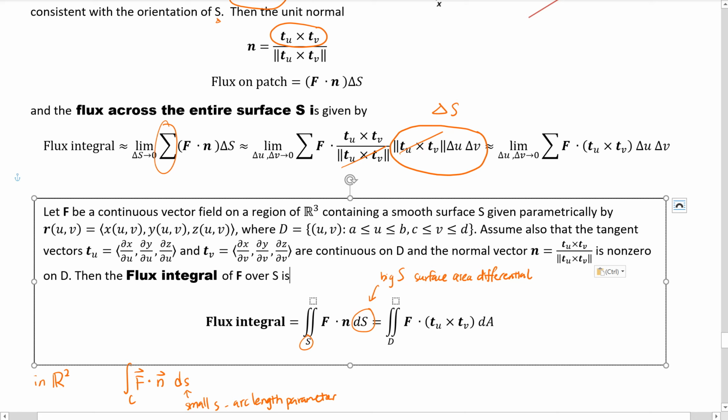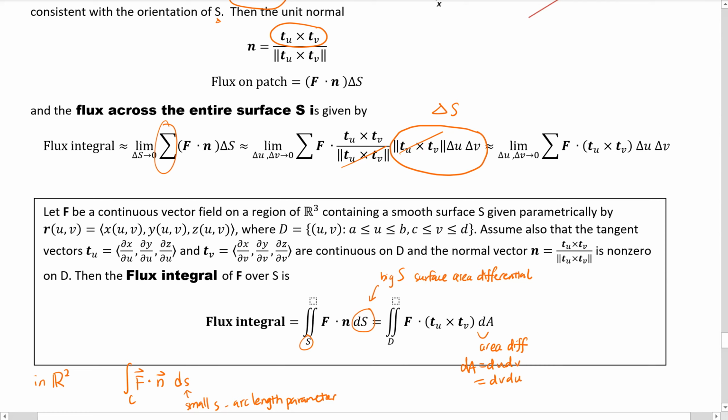So we have the magnitude in the bottom, and the surface area differential also has the magnitude. The magnitude of the cross product cancels out, so we just have F dot Tu cross Tv, and then dA is the area differential. So dA is du dv or dv du. The order depends on the situation.